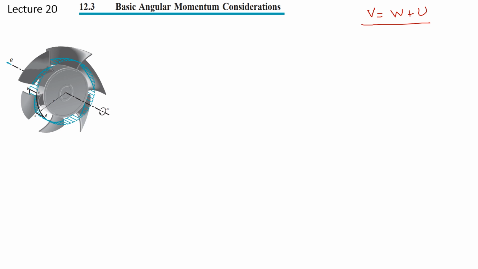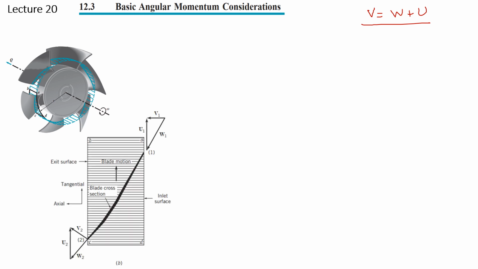applied by the shaft. So again, this is the same scenario, and in this scenario we have a blade motion that is in this direction, and the velocity of the blade motion that is in this direction, and the force that the blade applies on this fluid.